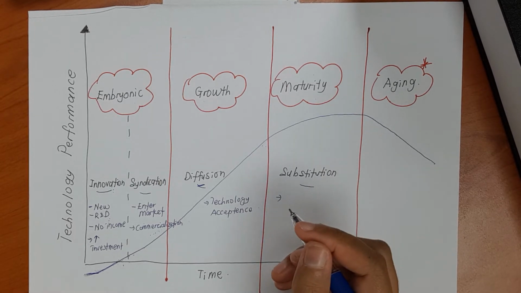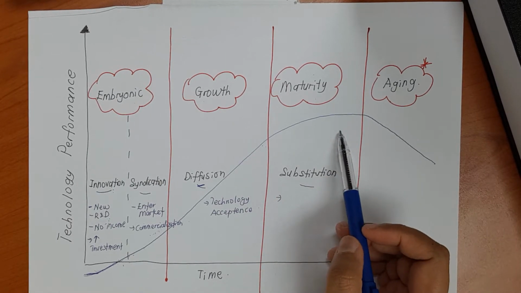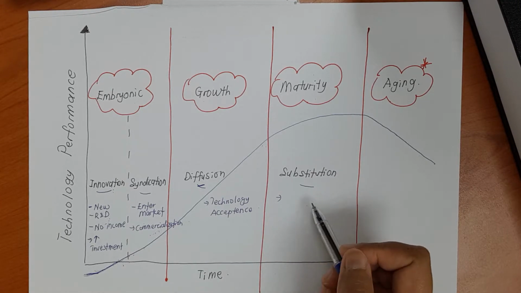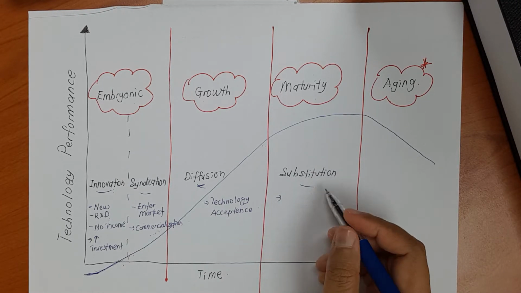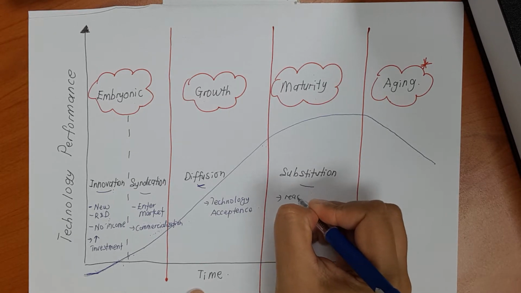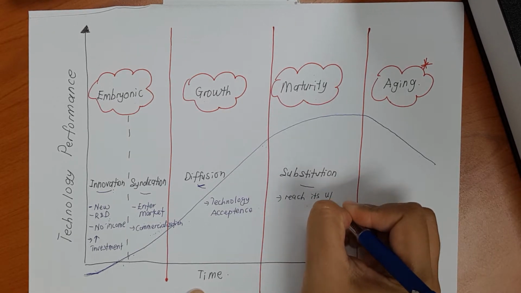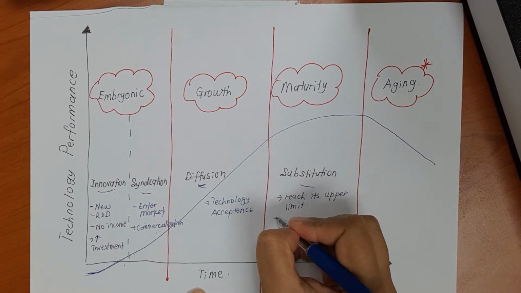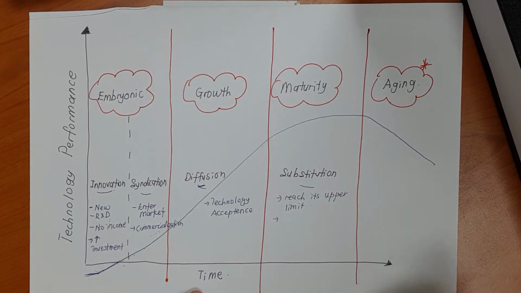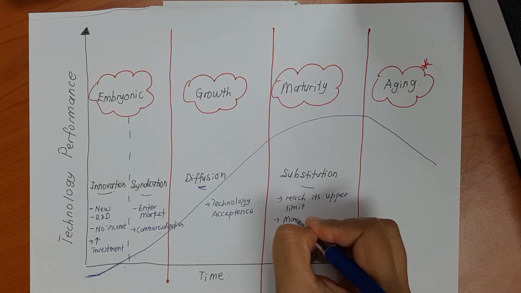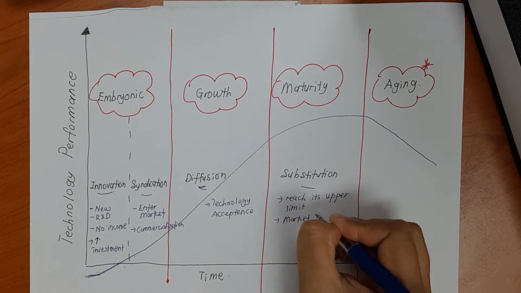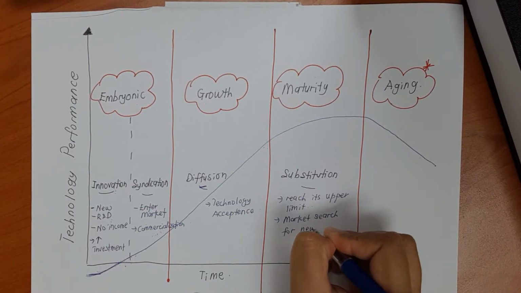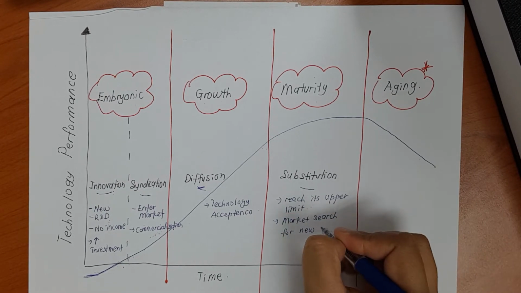Here no more new users will buy, and at these phases the technology has reached its upper limit. The market looks or searches for new innovation.